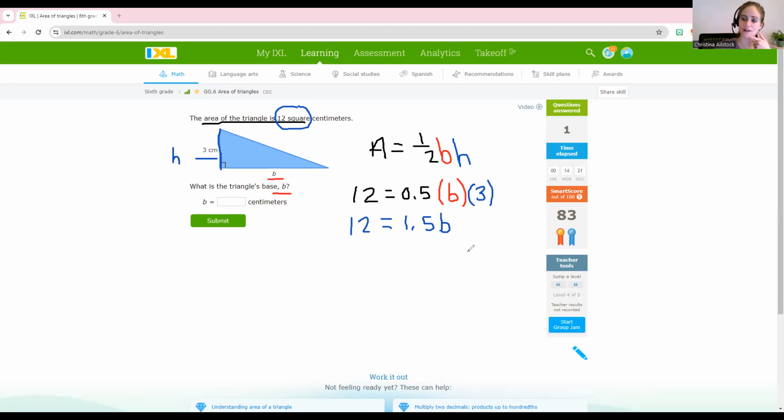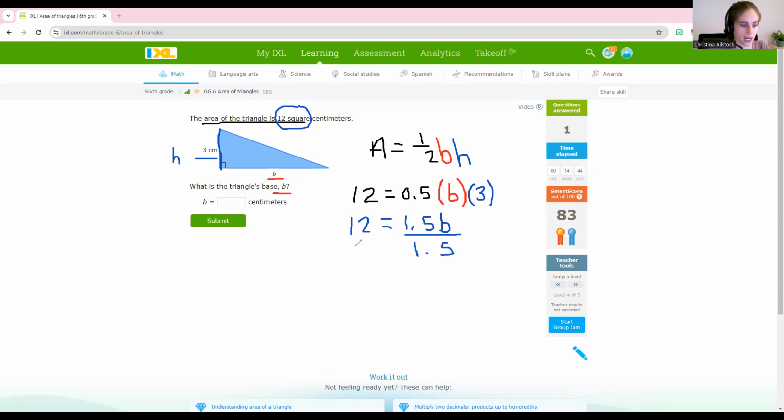What do we have now? Now we have a one-step equation that we can solve. How do we solve for B? How do we get B by itself? Divide, because 1.5 is being multiplied by B. So in order to solve for B, we have to do the inverse. The inverse of multiplication is division.